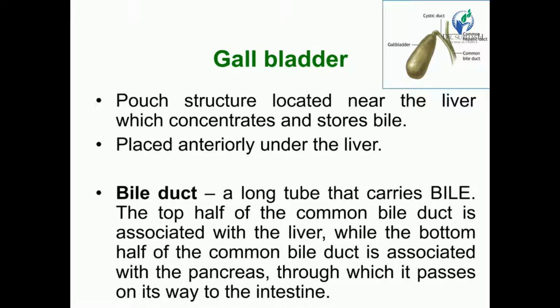Here, both juices, the bile released from the liver and concentrated in the gallbladder, and the pancreatic juice, are poured simultaneously into the duodenum to digest and facilitate the absorption of the food material.